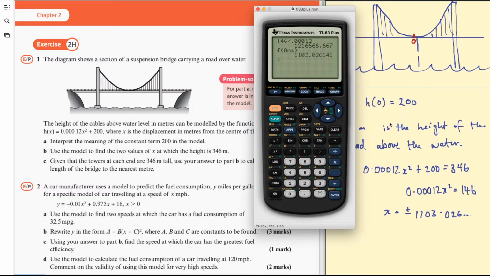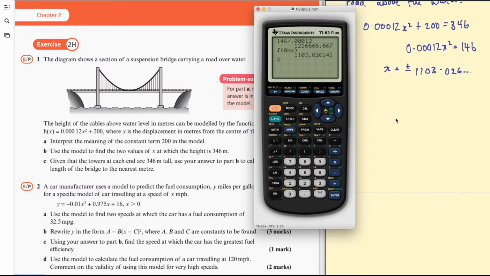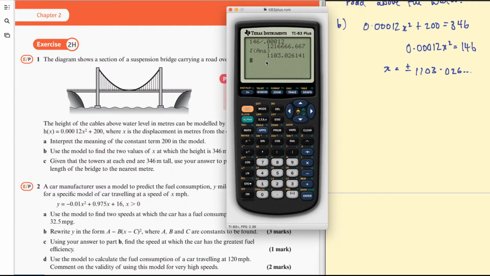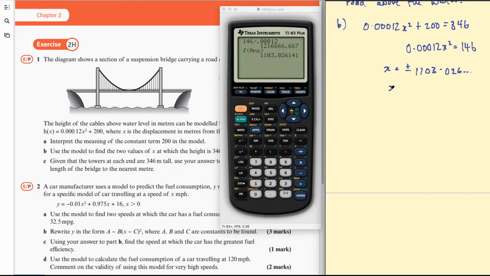Okay, so let's round this off to 3 significant figures. I have a feeling that might be wrong though, because you're losing some accuracy there. But anyways, if we round to 3 significant figures, the 0 is the 3rd significant figure, so this would be positive and negative 1100, because we just stay at 0 because 3 is less than 5.